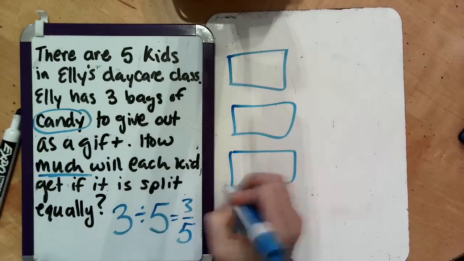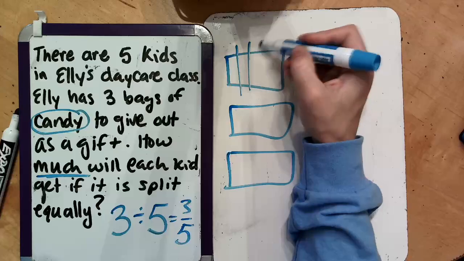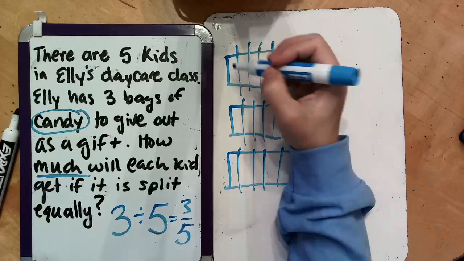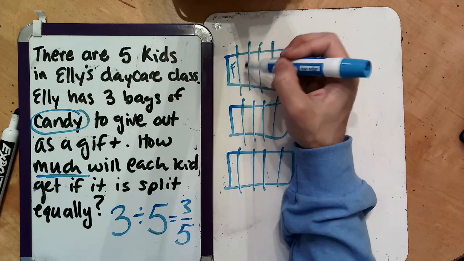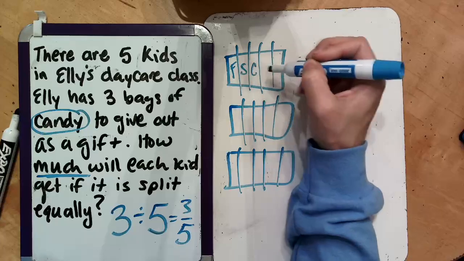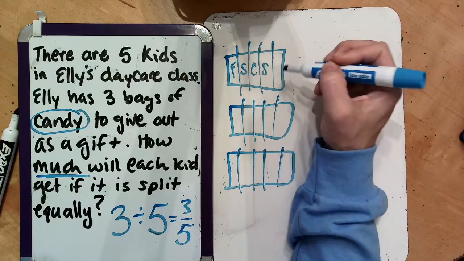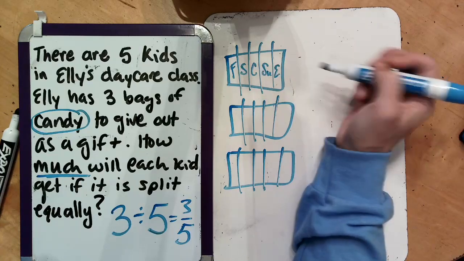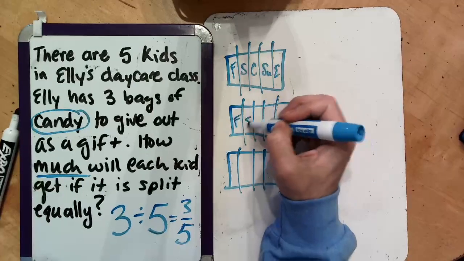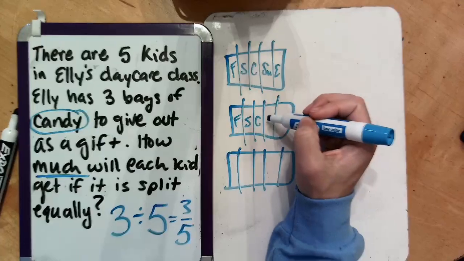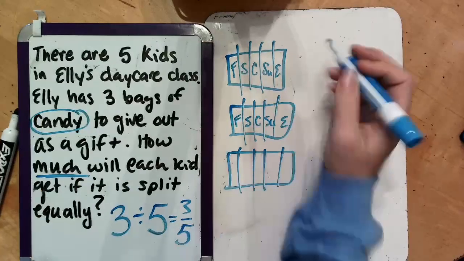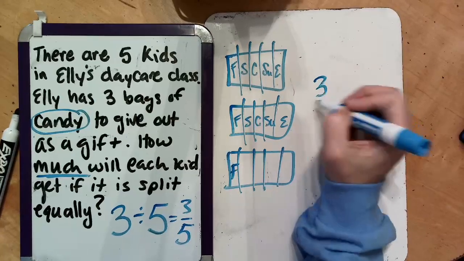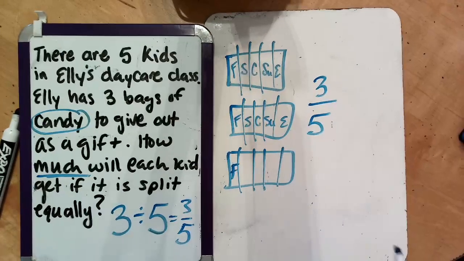Now, if they need to draw it, they can draw it and split it into fifths. And so they realize, okay, Fred gets this one, Sally gets this one, Cam gets this one, Summer gets this one, and Eric gets this one. So each student gets 3 pieces of fifths.